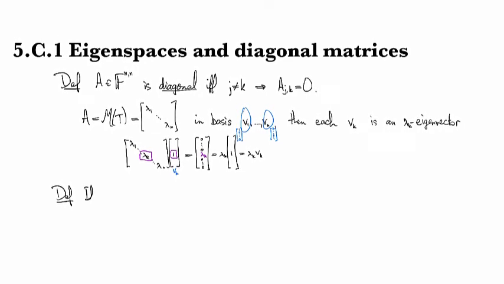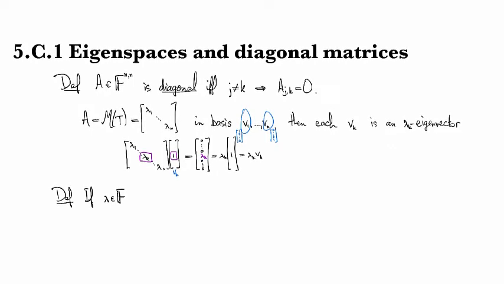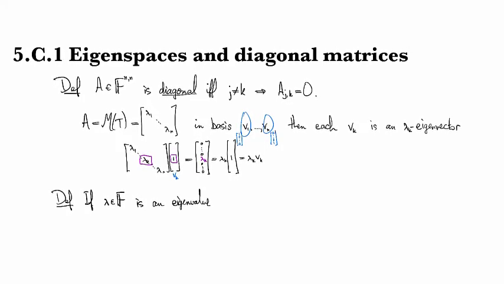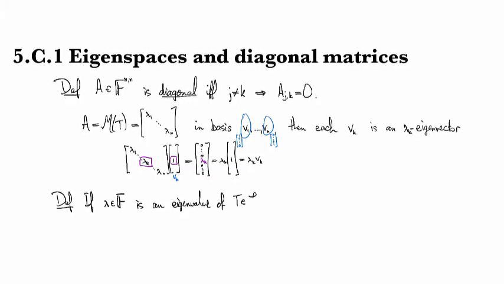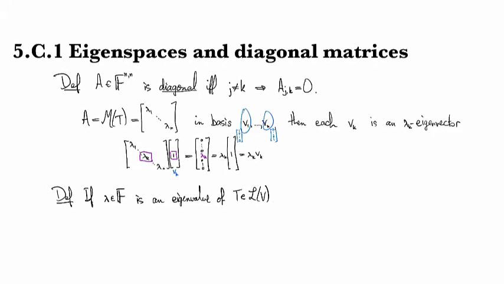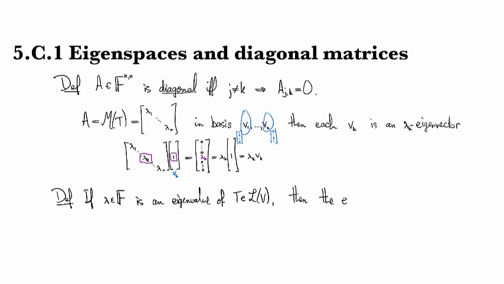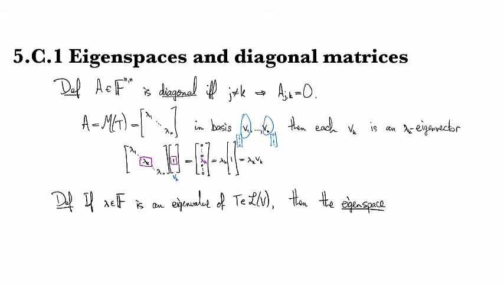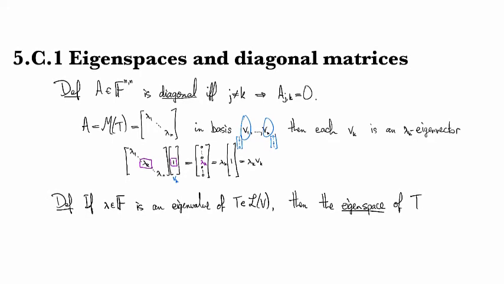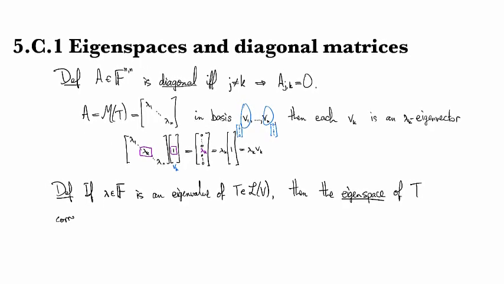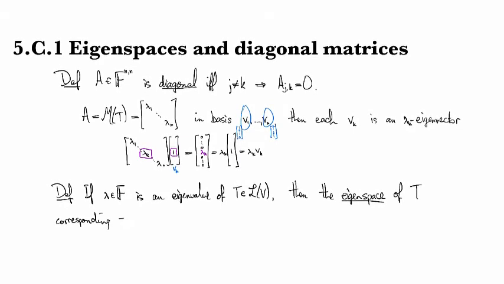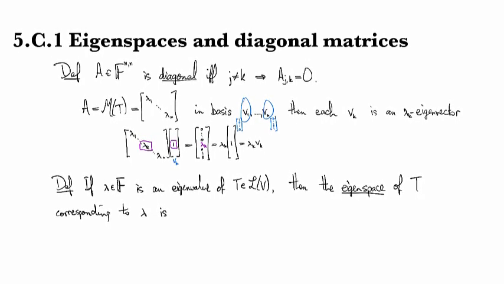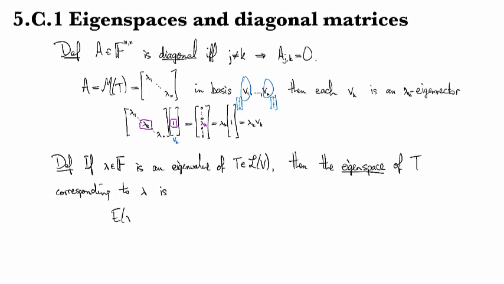So if we've got a scalar lambda, which is an eigenvalue of an operator T, then the eigenspace of T corresponding to lambda is, let's see, and so the book writes it as E_lambda(T).